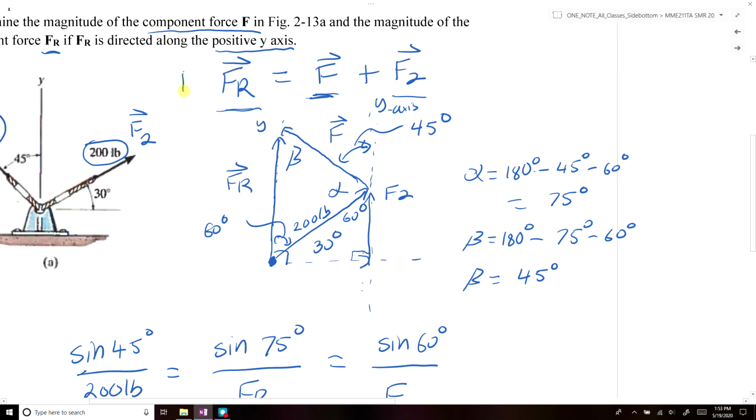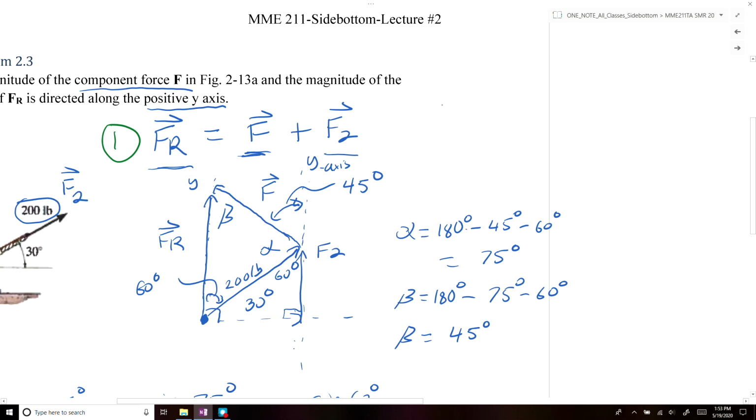Okay. So just to recap what we did in this problem, we first determined the algebraic equation we needed to solve. We determined that our two unknowns were the magnitude of our force F and the magnitude of our resultant force. We knew the directions of those two, so we drew out a triangle that represents our algebraic equation.